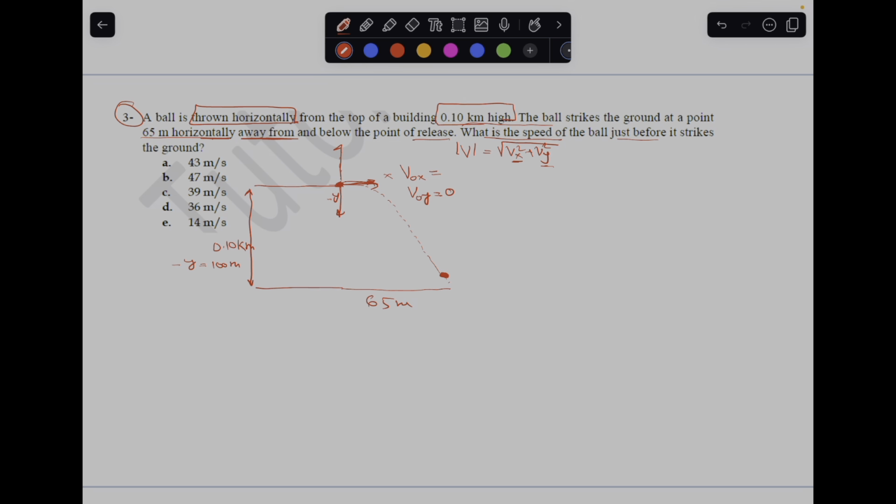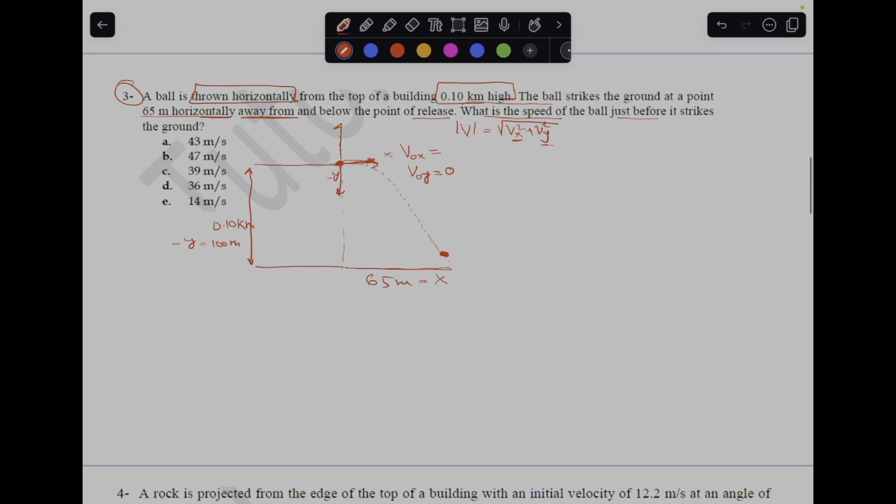This is the positive x, which is the range of the projectile, the distance covered.